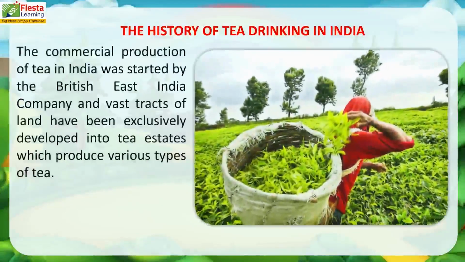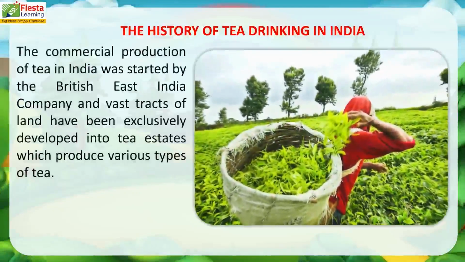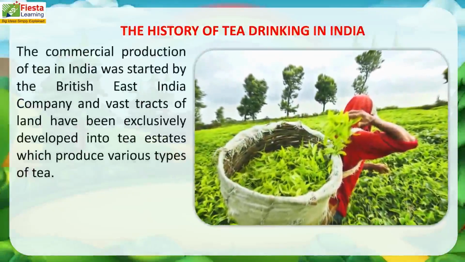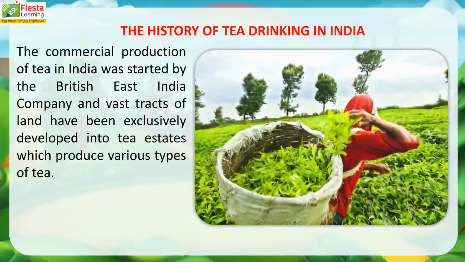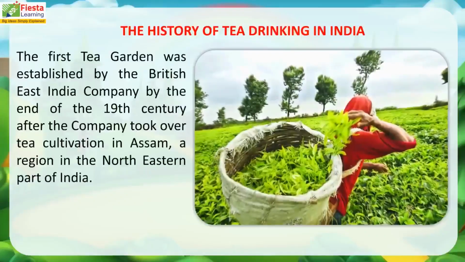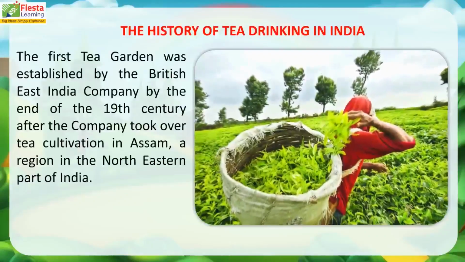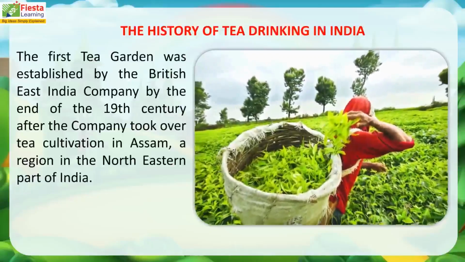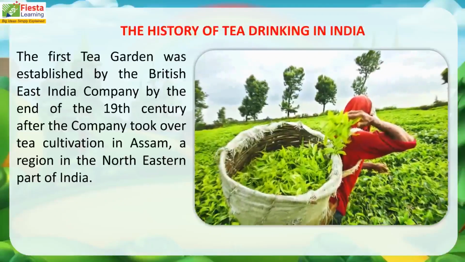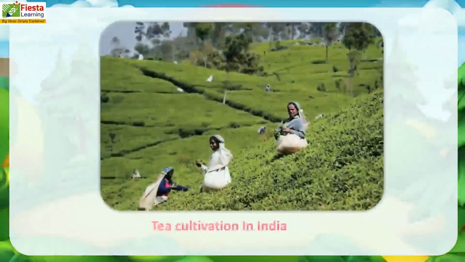The commercial production of tea in India was started by the British East India Company, and vast tracts of land have been exclusively developed into tea estates, which produce various types of tea. The first tea garden was established by the British East India Company by the end of the 19th century, after the company took over tea cultivation in Assam, a region in the northeastern part of India.